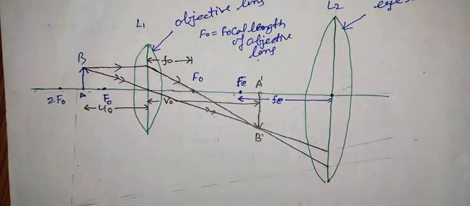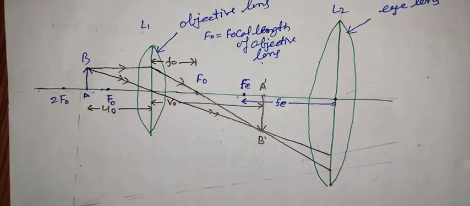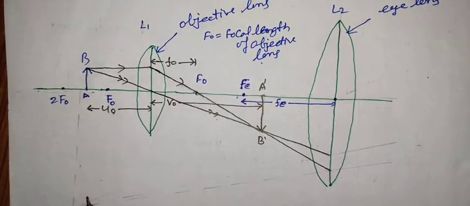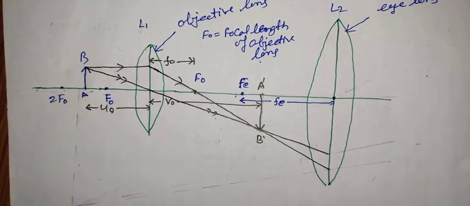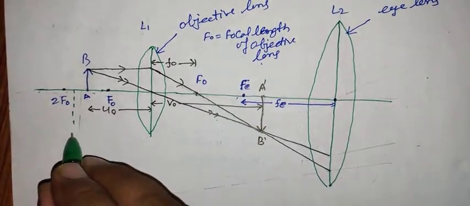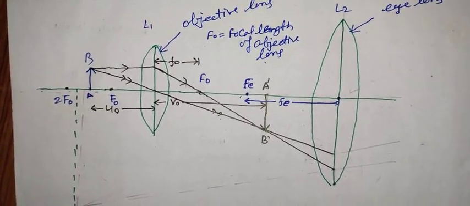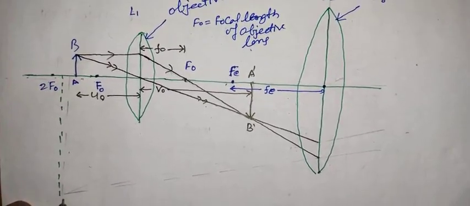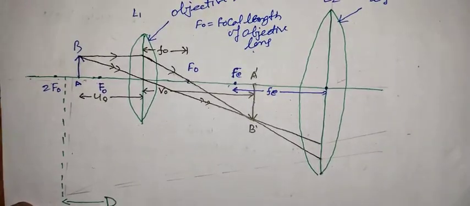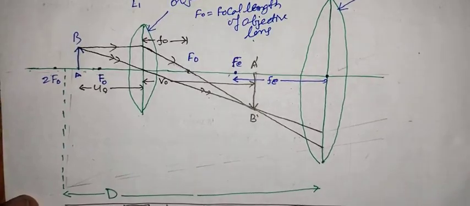Now, when we obtain the final image at the least distance of distinct vision, to make this, understand the trick of how to make a correct diagram. The trick is that first of all make the final image at the least distance of distinct vision from the lens L2.